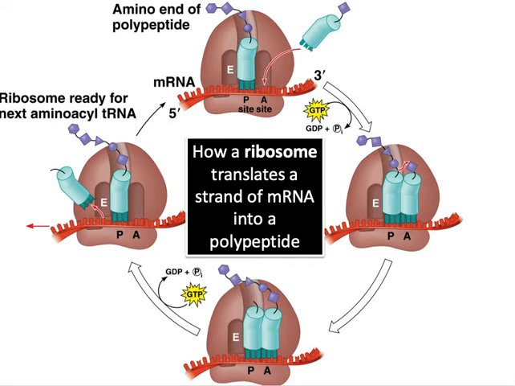In the A site is where we have a tRNA molecule coming in, recognizing that codon right here, and bringing the appropriate amino acid. So this codon recognition process happens in the A site. And then a peptide bond is going to form between the polypeptide chain and the new amino acid that's brought in.